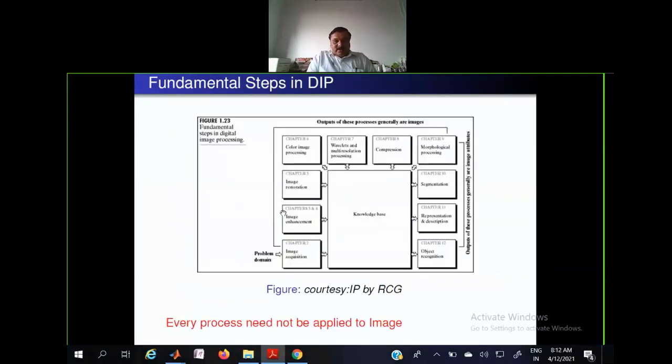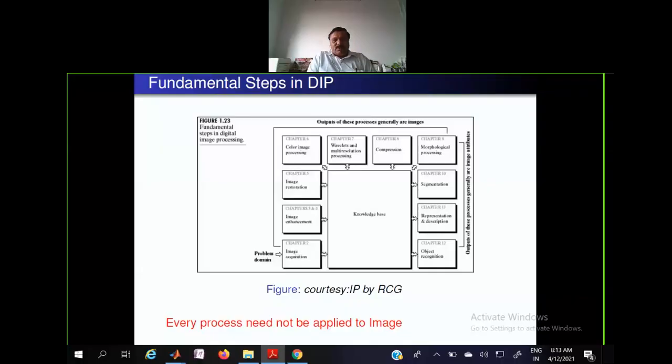Now, this is a very important topic, because if this is understood clearly, whoever is developing an image processing system can easily formulate the problem and identify the steps that we use. These are the fundamental steps. It doesn't mean that these are the only steps in digital image processing; there are many.